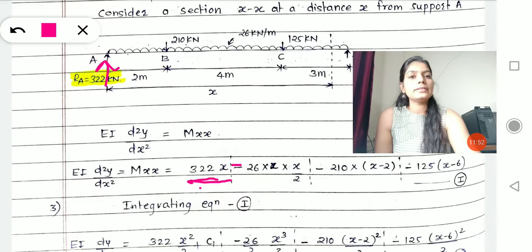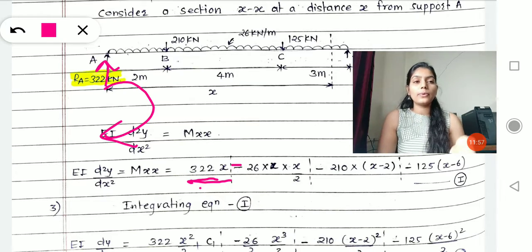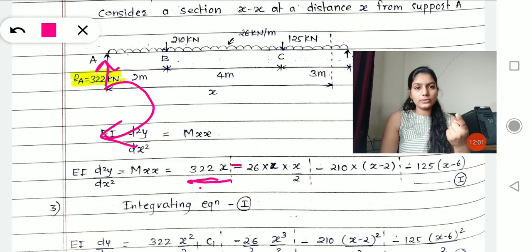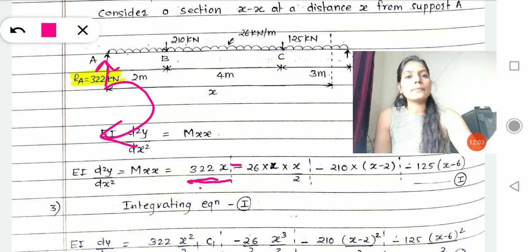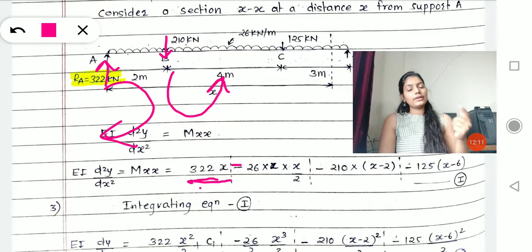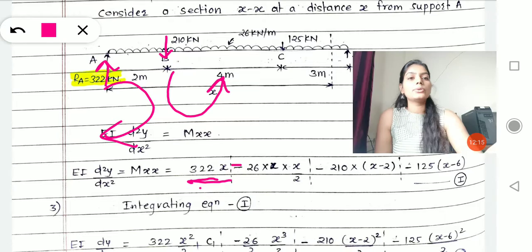Why positive? Because this first reaction created by support A is clockwise, that's why taken positive. Now next is your 210 force, concentrated load, which is creating anti-clockwise movement. If it is anti-clockwise, it will be negative. Then 26 into.